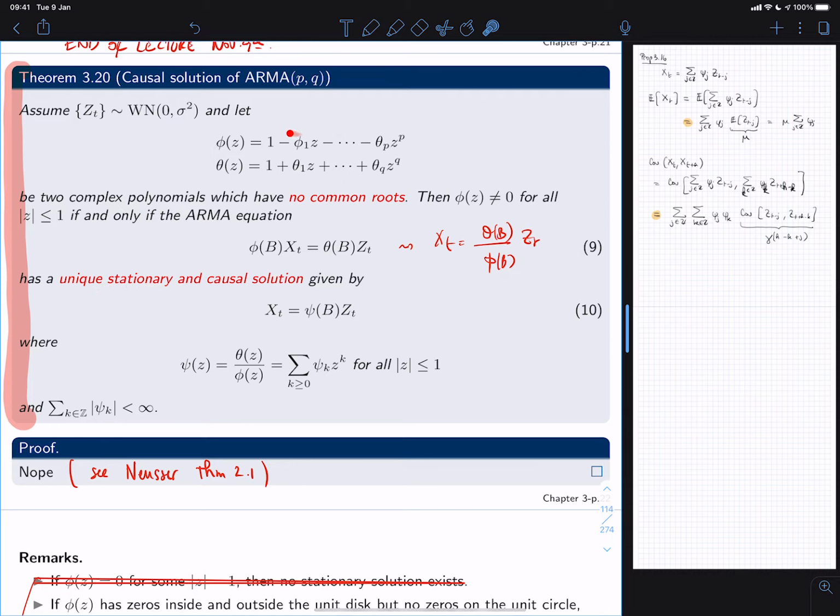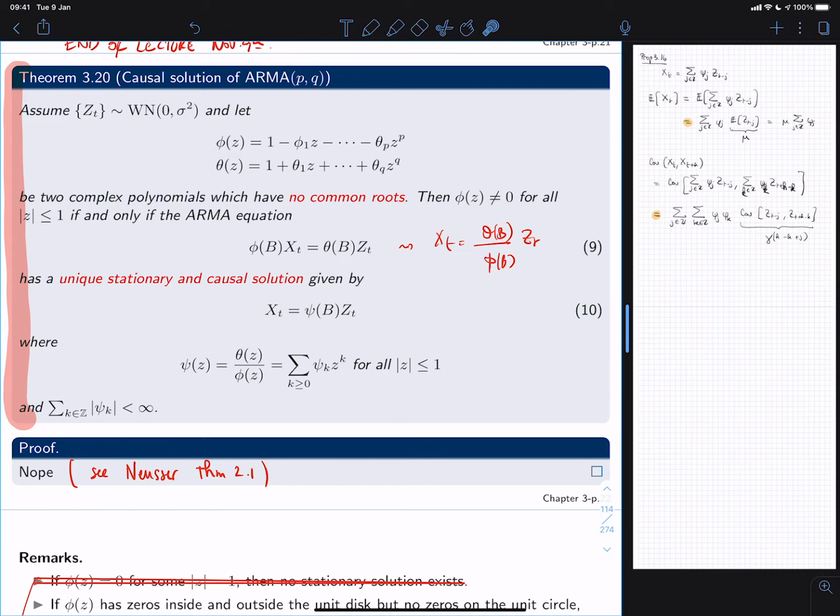If these two polynomials have no common roots, so there is no z which cancels this and this at the same time, then you have a unique stationary and causal solution if and only if there is no z between -1 and 1 which cancels this guy.